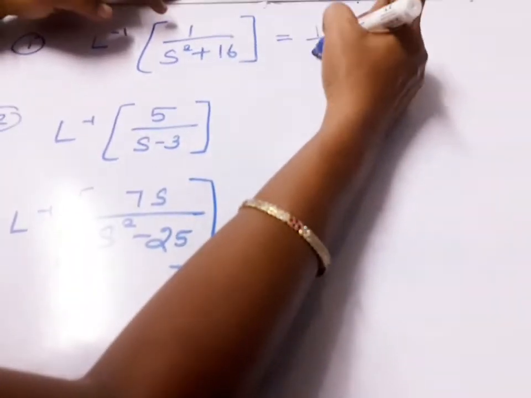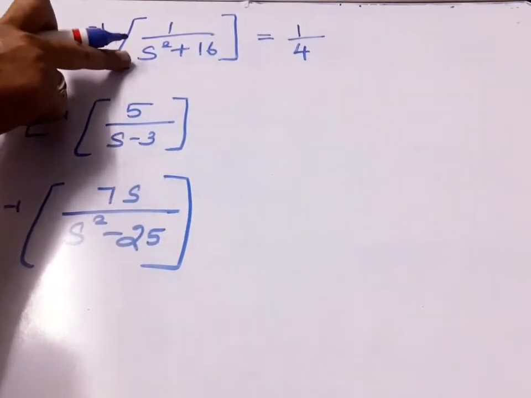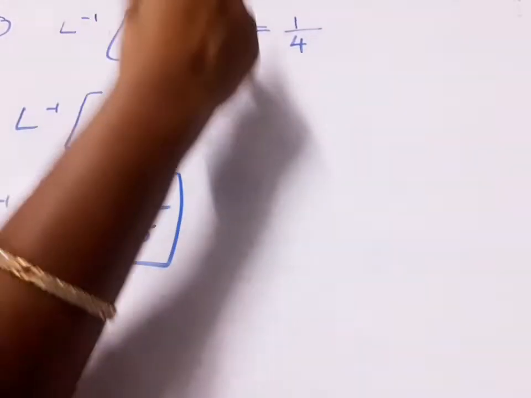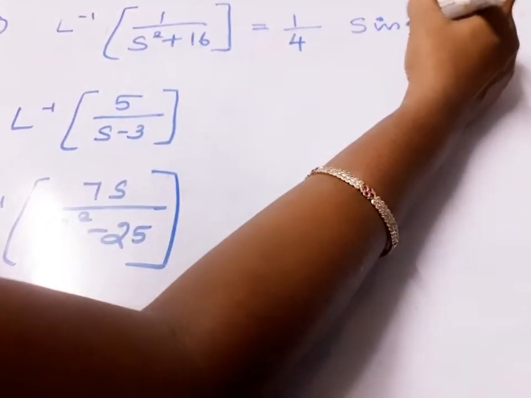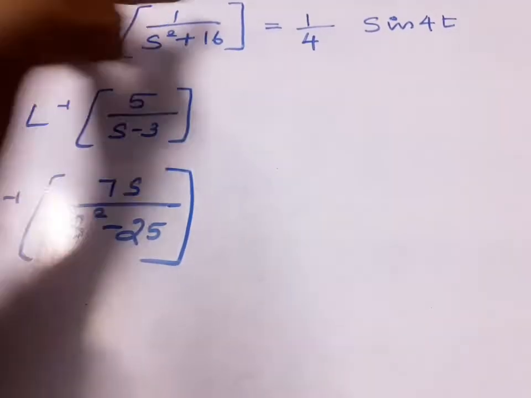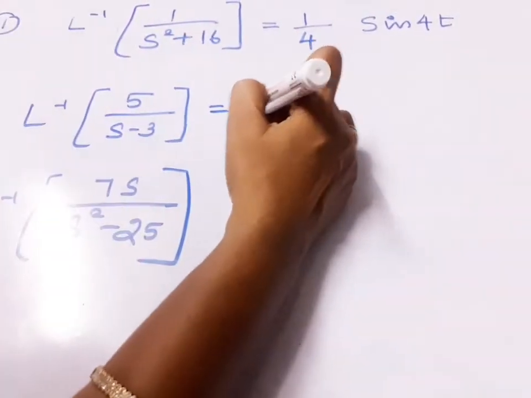So this 1 by 4 you should keep here. So this is nothing but 1 by a. So you know the L inverse of a by s square plus a square formula is sin at, which is sin 4t. Here a is 4. Because we don't have 4 here, we should divide by 4. And now 5 can be taken outside.